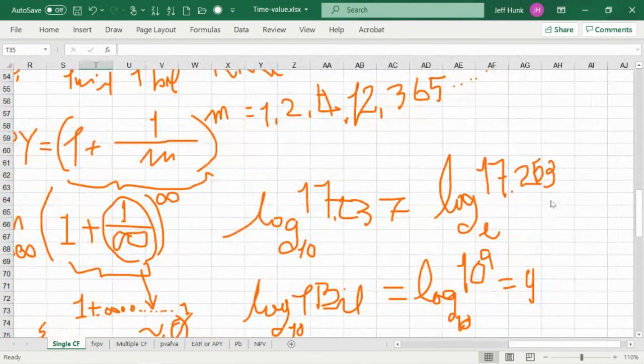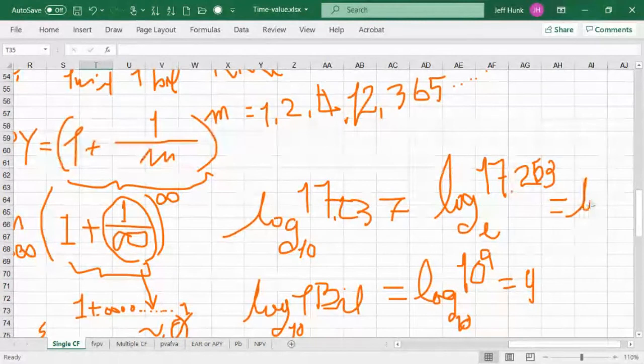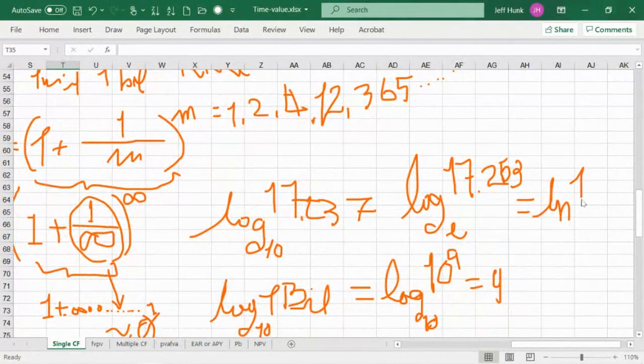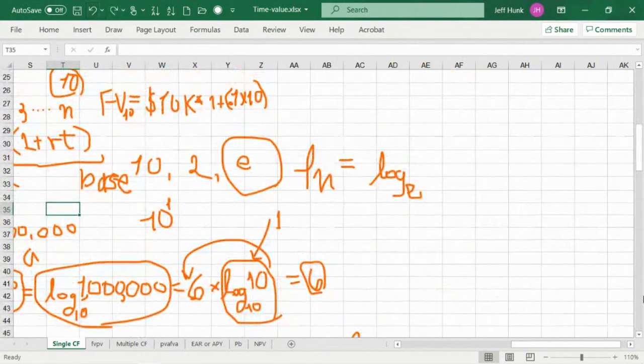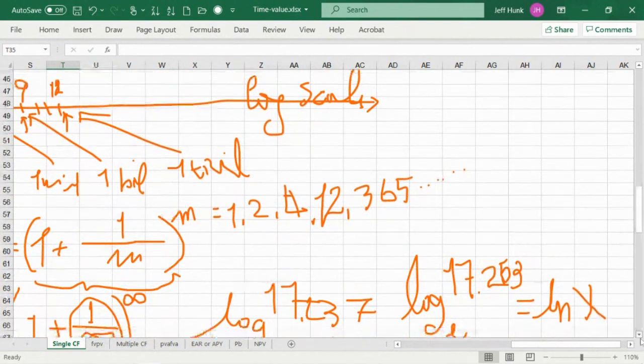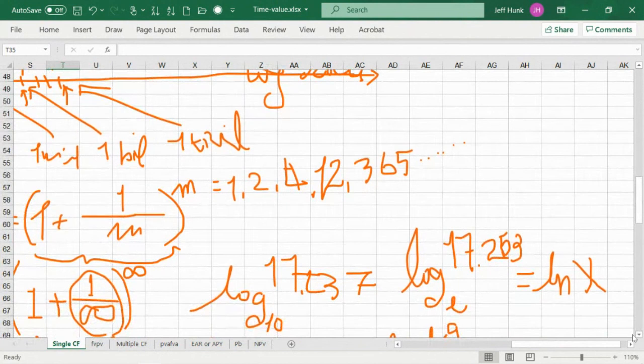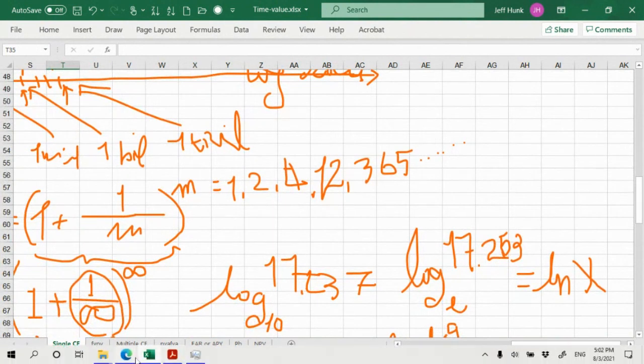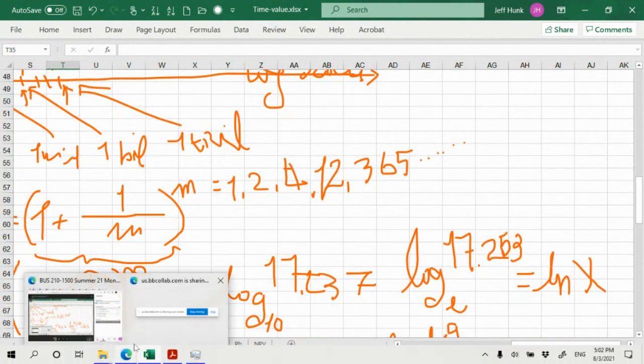It is also written as natural log of any number x. You can take natural log of any number x. And why? Because now think about it.